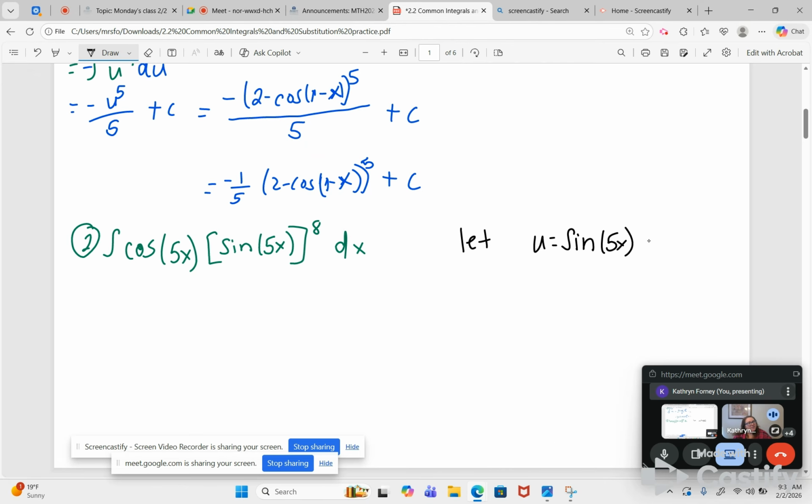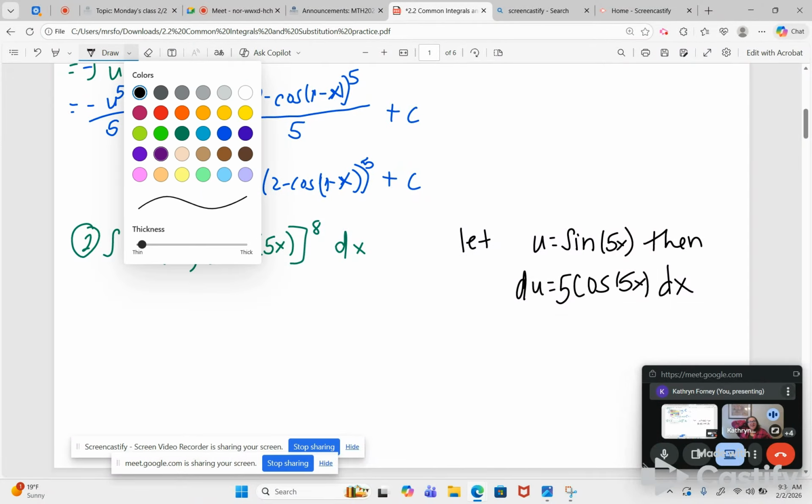And so if that is our u, then what is the derivative of u? The derivative of sine is cosine, and then the derivative of 5x is 5. That's using the chain rule. So now, I have a lot of this.